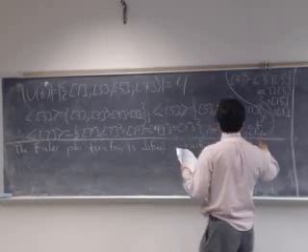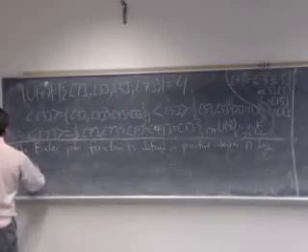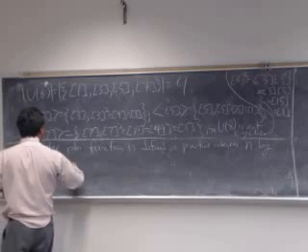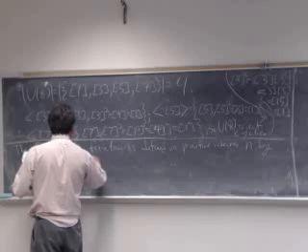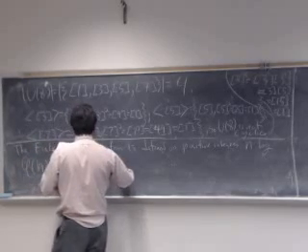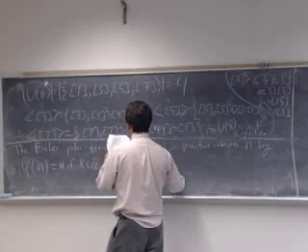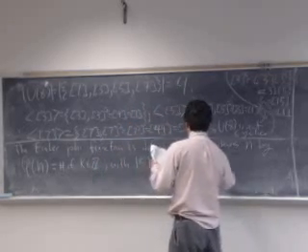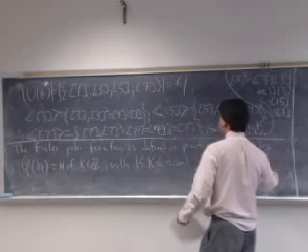So n is a positive integer. Phi of n is equal to the number of integers k with k between 0 and n, and the GCD of k and n is equal to 1.